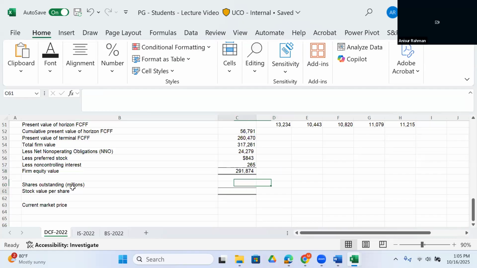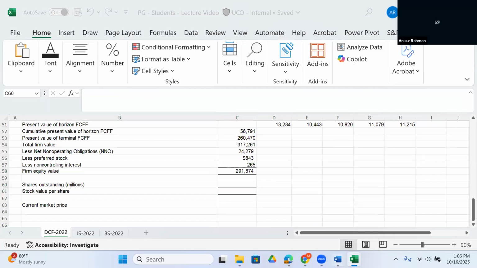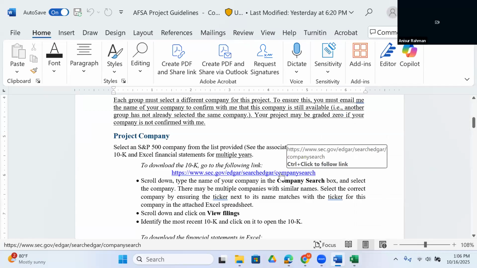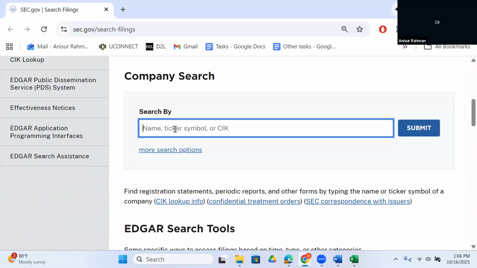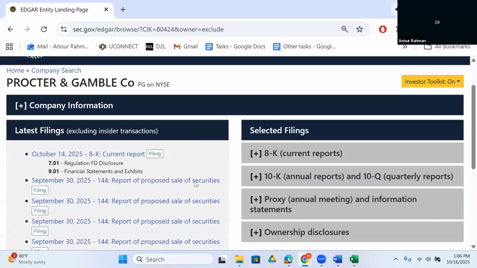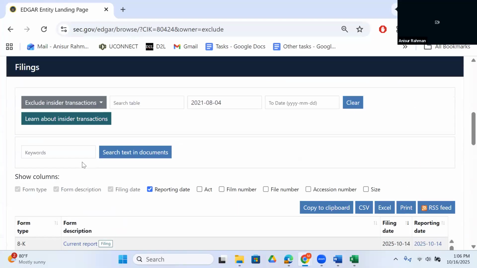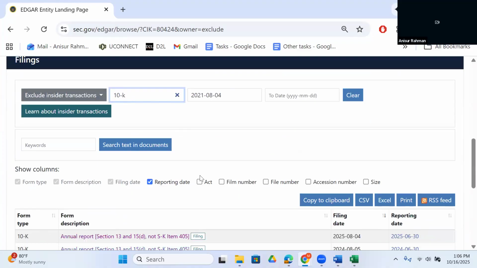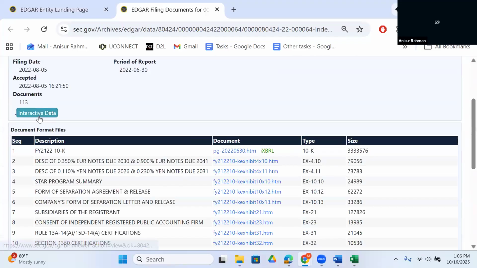So now where can we get the shares outstanding? We can also use our SEC website. You need a different financial statement for this. So after you click on this link, let me go to the PG website. And then if I go to filings, 10K, I'm working on 2022, interactive.